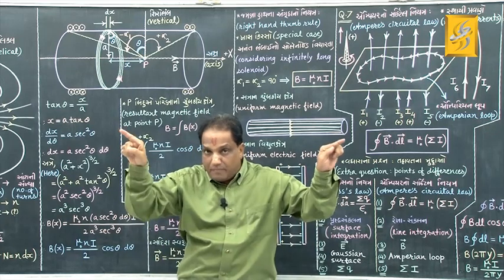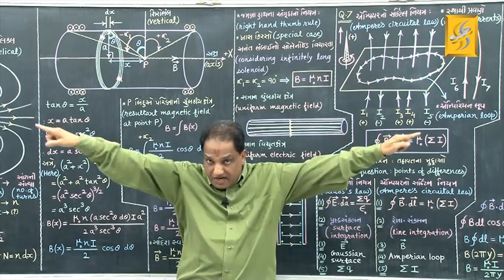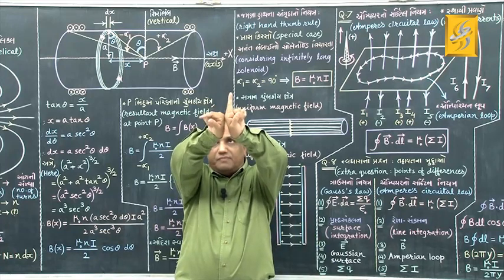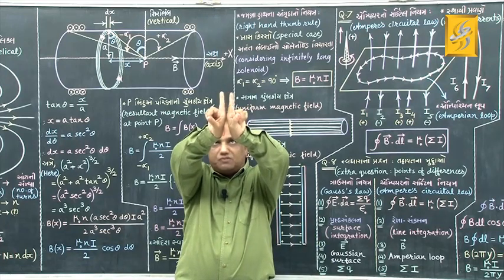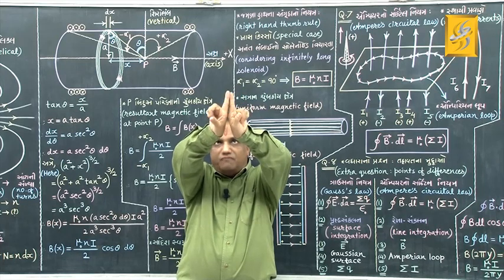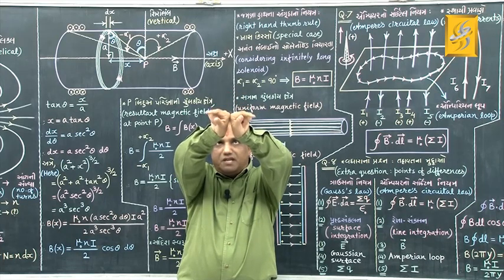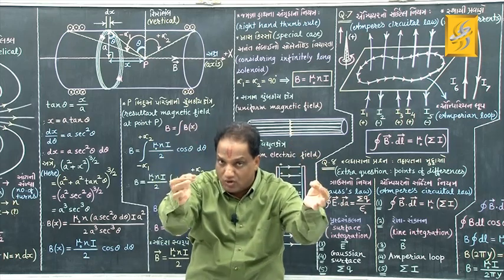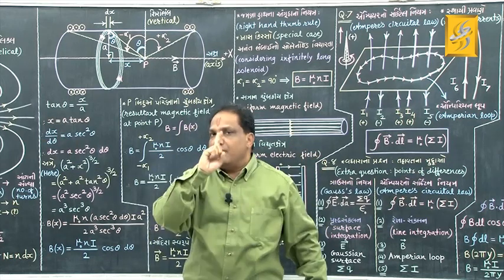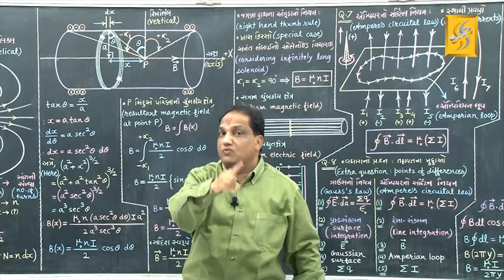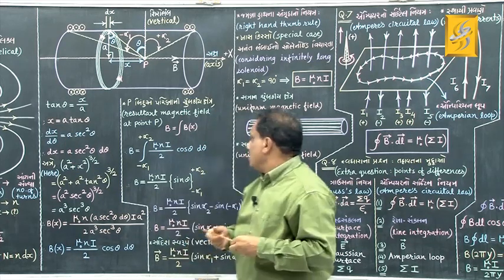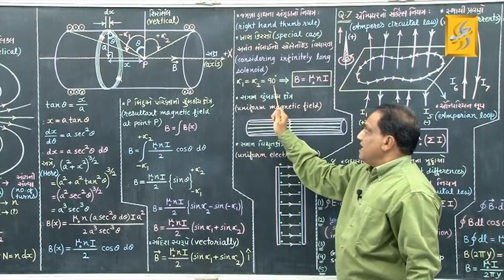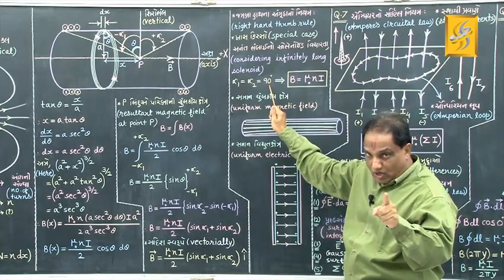Finally, when both the upper ends reach infinity, both the angles will tend to become 90 degrees each, correct? So the maximum values of these two angles will be 90 degrees each. So for a theoretically considered solenoid of infinite length, remember the values of alpha 1 and alpha 2 are 90 degrees each.